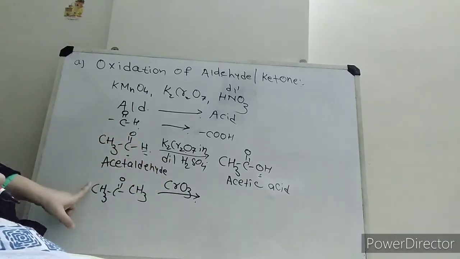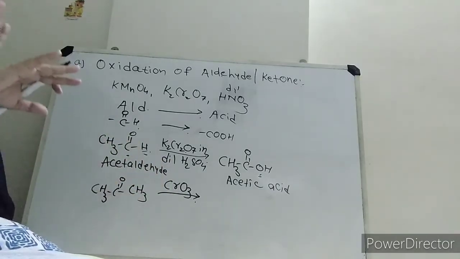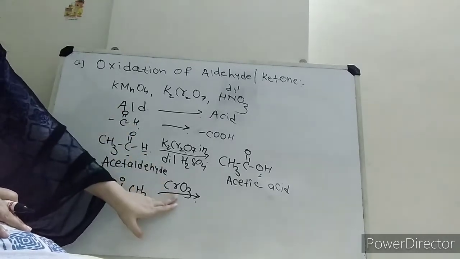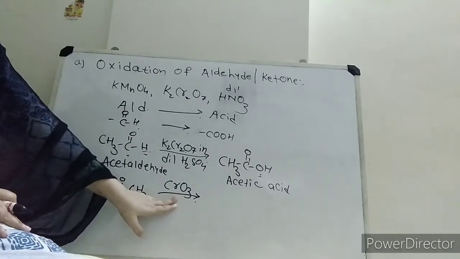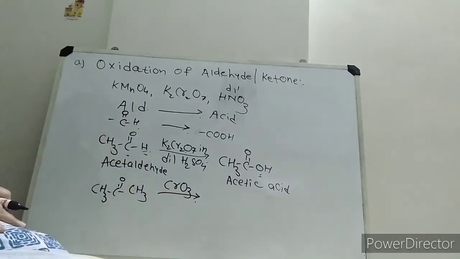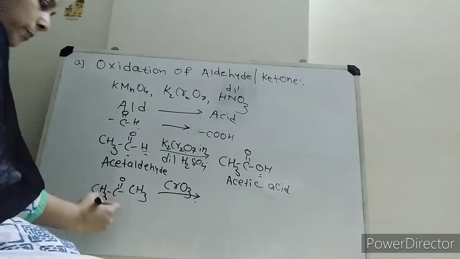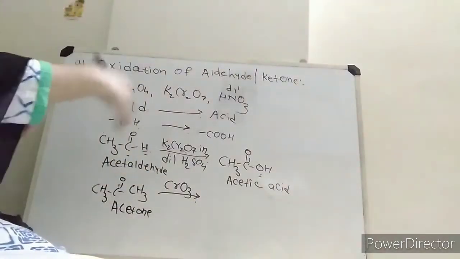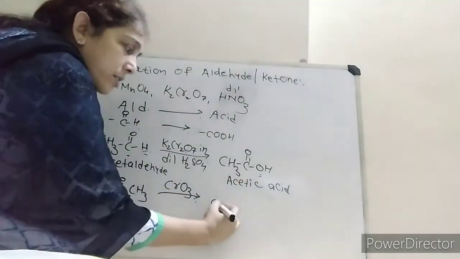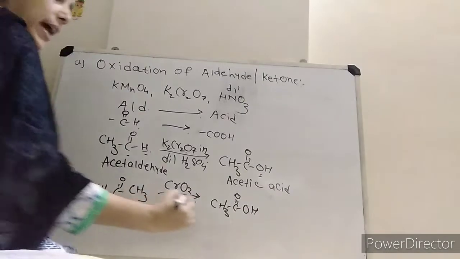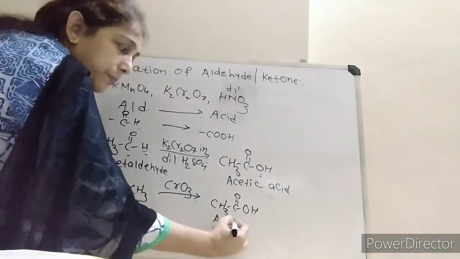In case of the ketone, hydrogen is not directly attached to the carbonyl carbon, hence we have to use CrO3. Now due to the CrO3, this acetone is directly converted into the acid CH3COOH, acetic acid.